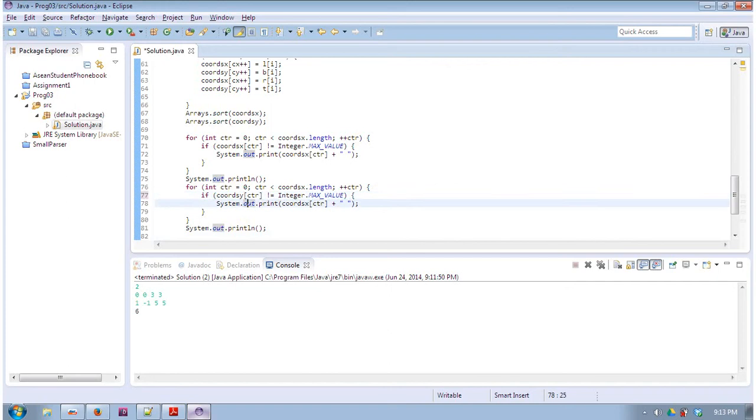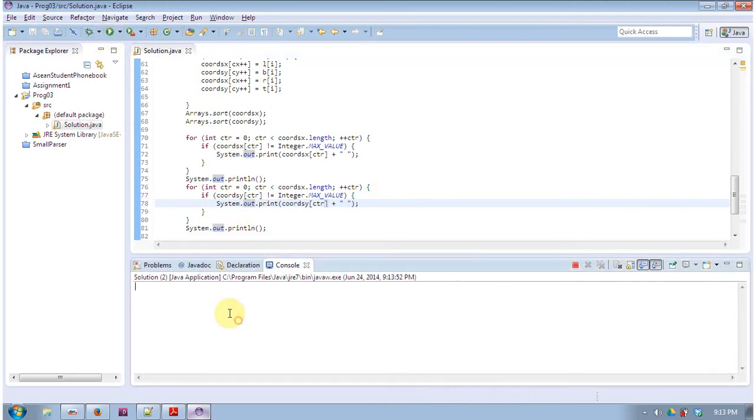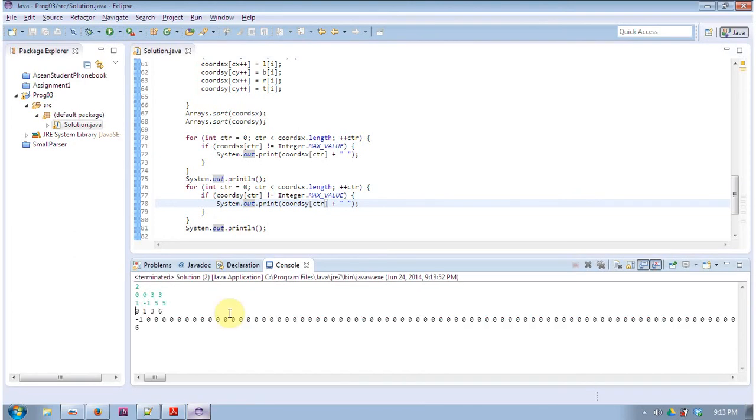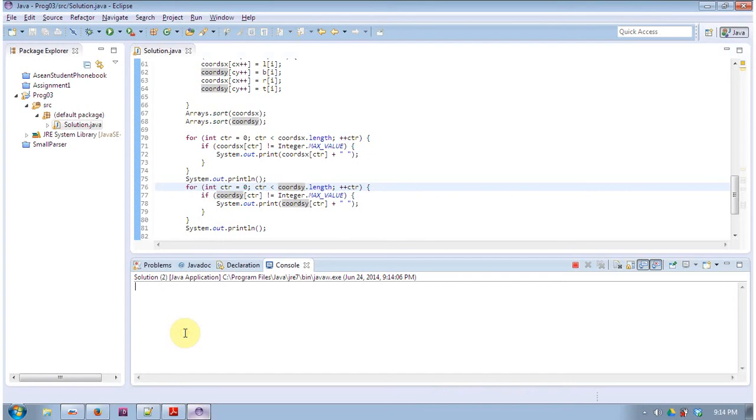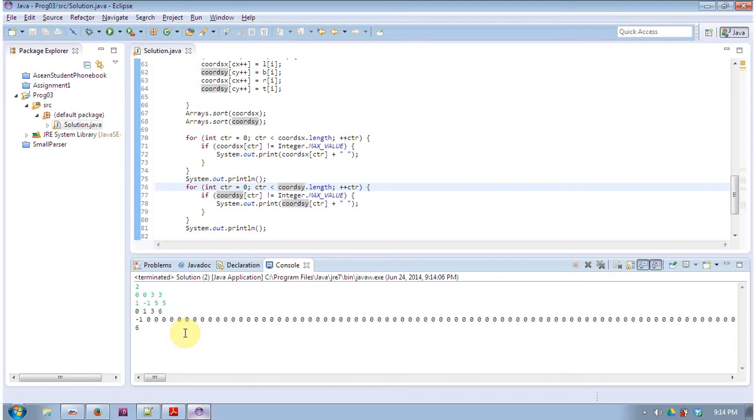Okay, so let's print our values. So we have here 3 and then 1. x1. Okay, 0, 2, 0, 2, 1, and 1.